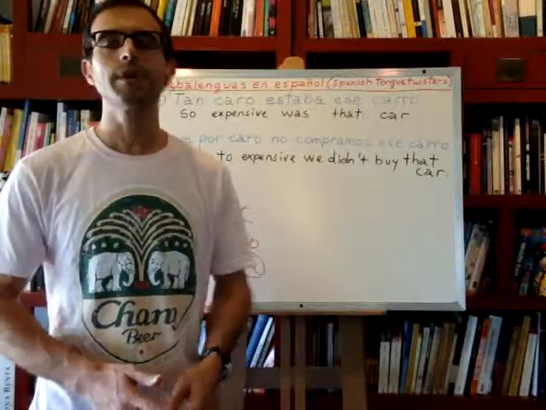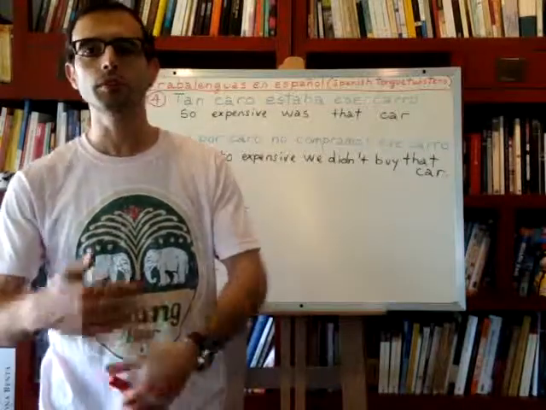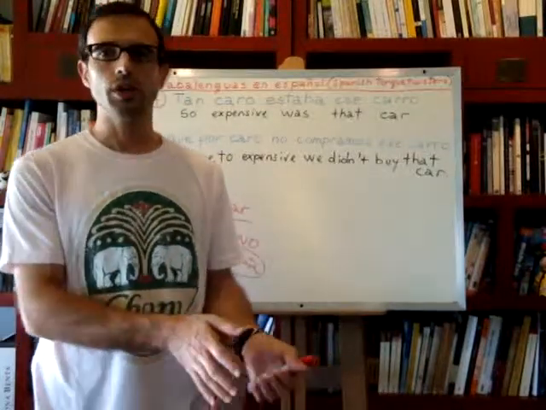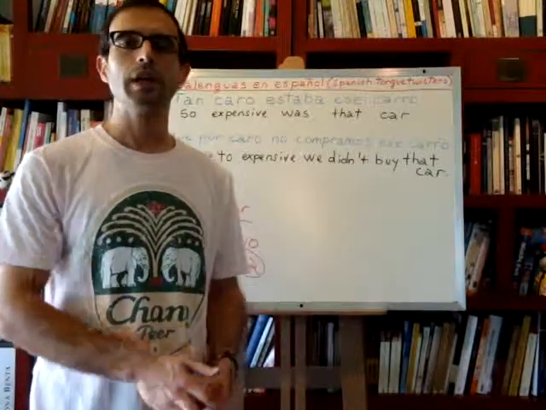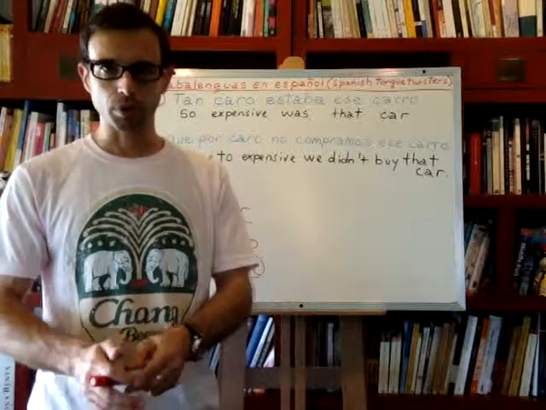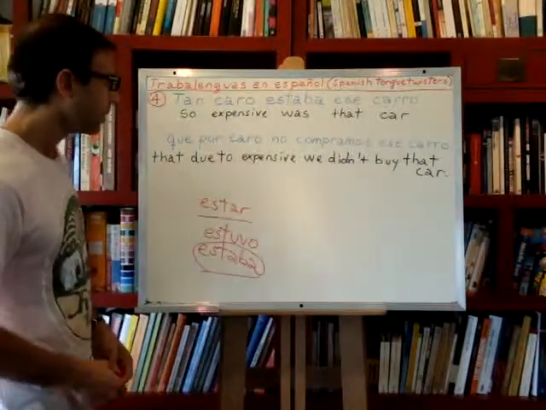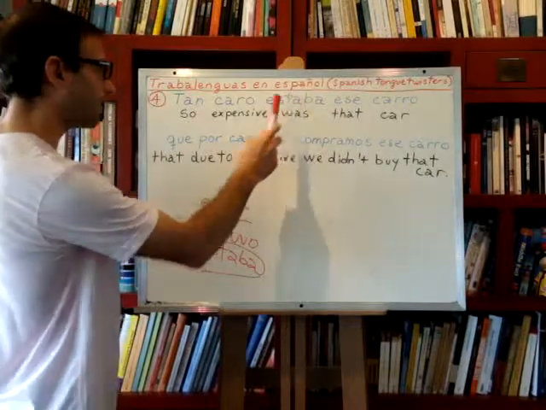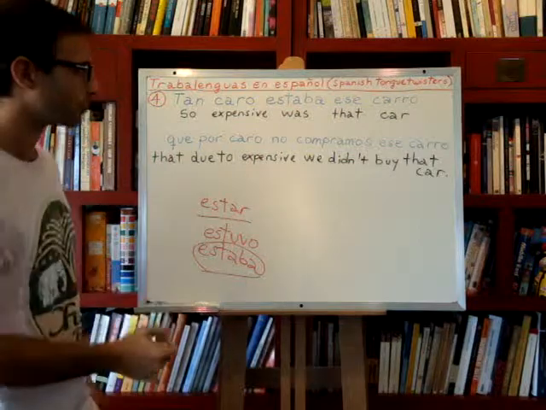Or yo comía trigo, I used to eat wheat, right? But it has some other meanings as well. So if you want to know more about it, I recommend you go to my lessons where I have taught the different conjugations in Spanish, okay? So, estaba is past tense for the verb estar, right?